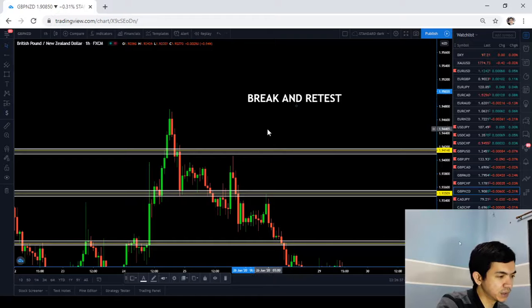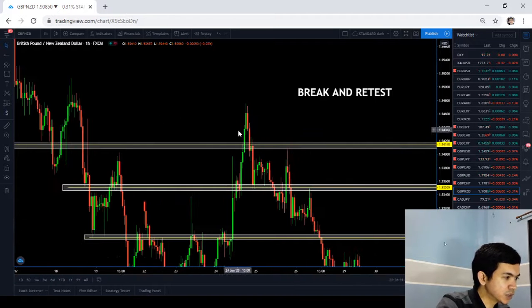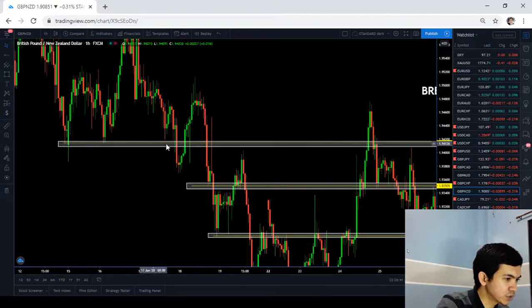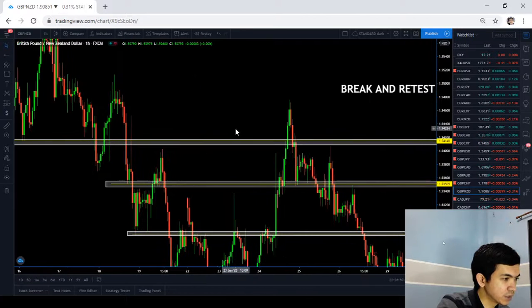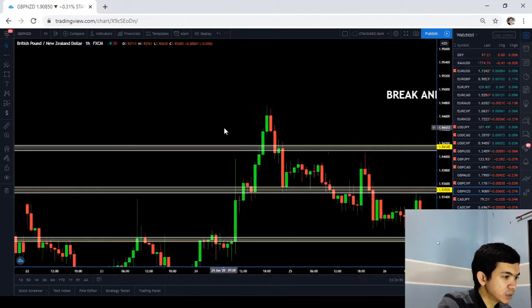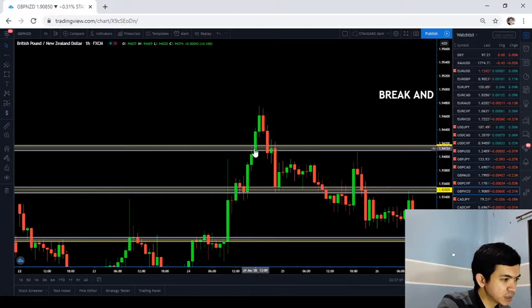Applying break and retest. So, we got a structure here. This was once a support. Now becomes what? New resistance. So, when the market breaks this structure, we can say that this can be our new resistance.